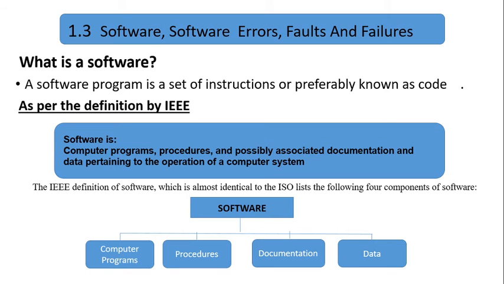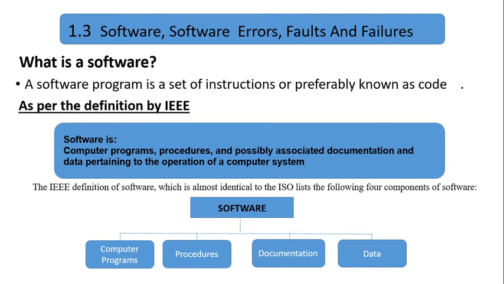Software is defined by the IEEE. IEEE is one of the standards that define software as computer programs, procedures, and possibly associated documentation and data pertaining to the operations of a computer system.